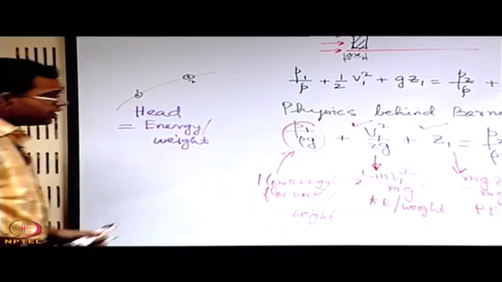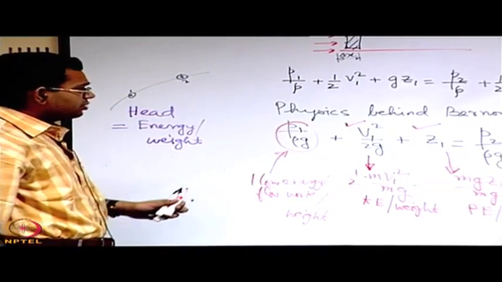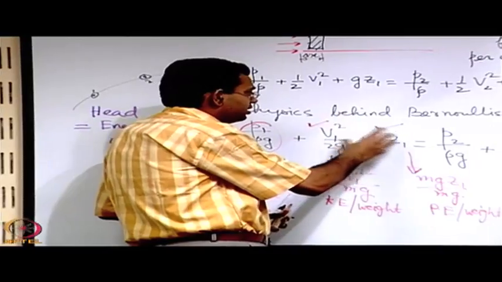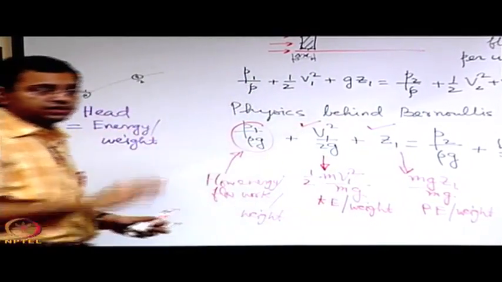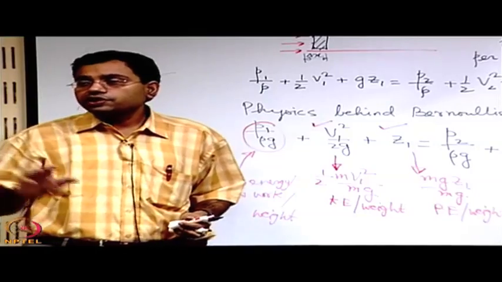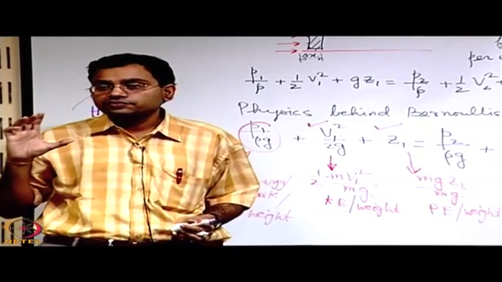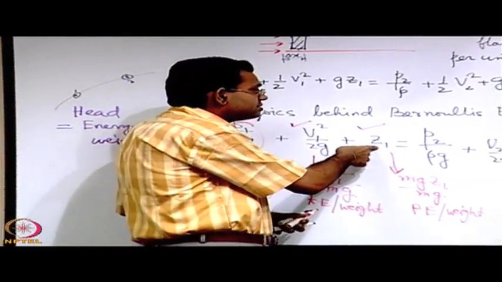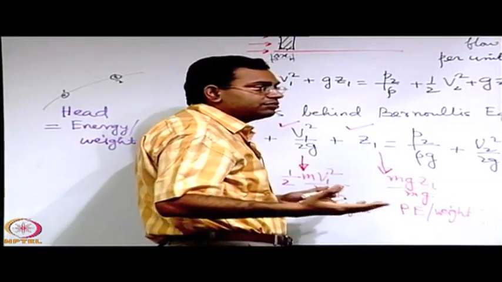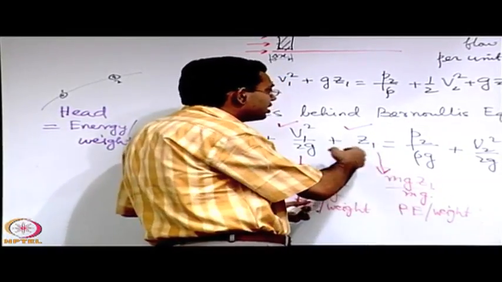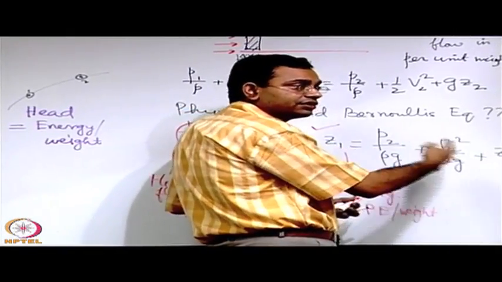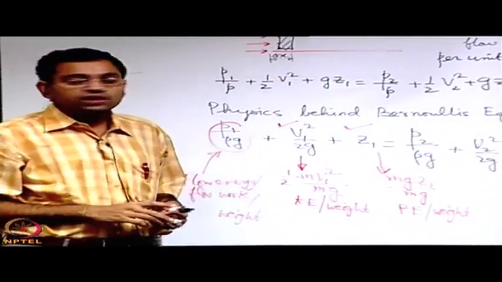The next point is that whenever you are talking about energies in different terms, you must have a reference. Like when you say potential energy, you have a datum with respect to which you are calculating the height z. So, this z is not in an absolute sense, it does not make any big significance, because eventually in this equation z1 minus z2, that is what is important, and that is independent of the choice of the reference.